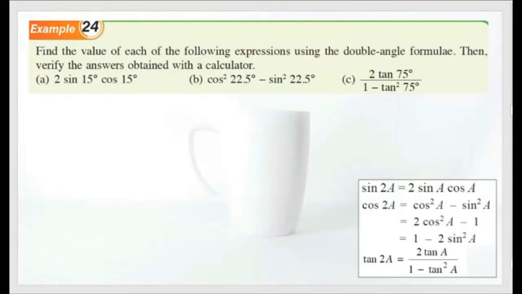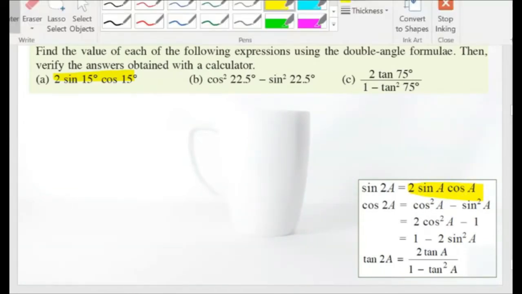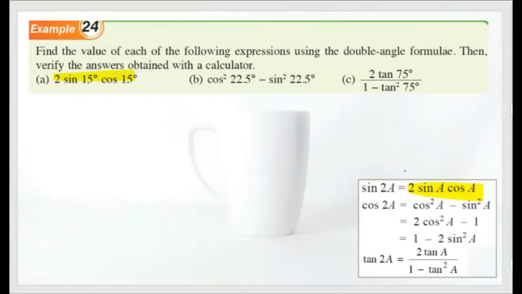How to do this question? It's very simple. 2 sine cos, sine and cos, is it the same, right? 2 sine 15 degree, cos 15 degree. So what you need to do is change it. This is 15 degree, 15 degree, 15 degree.